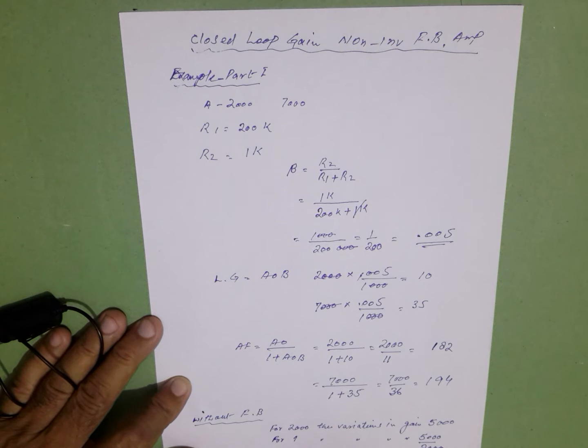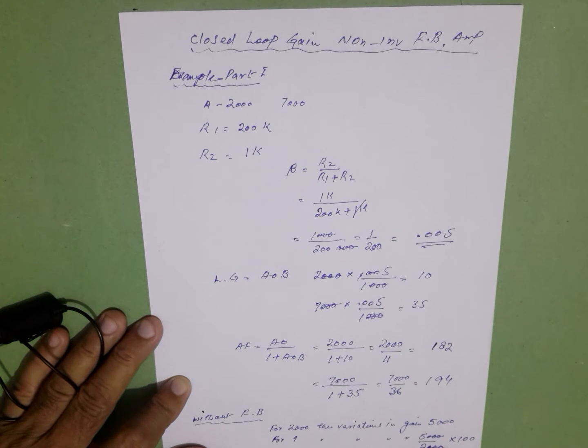For 100, these 3 zeros cancel with these 3 zeros, and 5 multiplied by 100 becomes 500 divided by 2, and this is nothing but 250% variation in gain when we were not giving feedback.